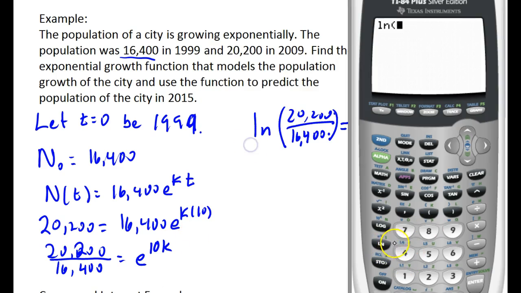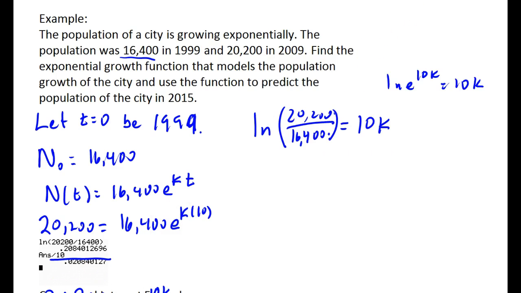Okay, so I'm going to go natural log of 20,200 divided by 16,400. Get that. Divide by 10. And I get 0.0208444 for k.